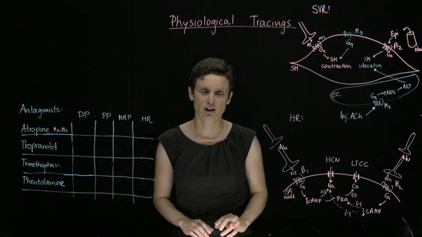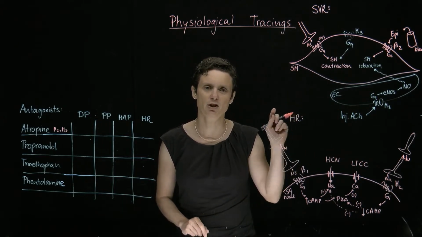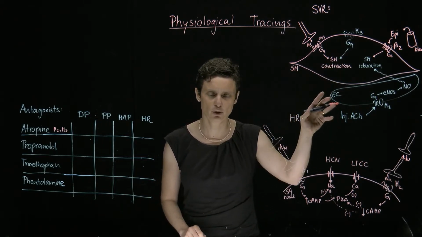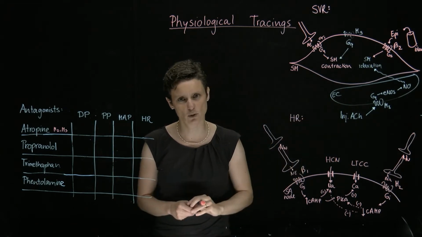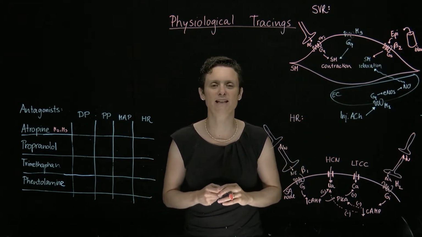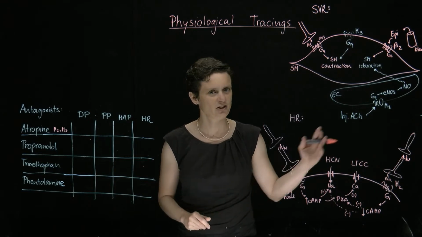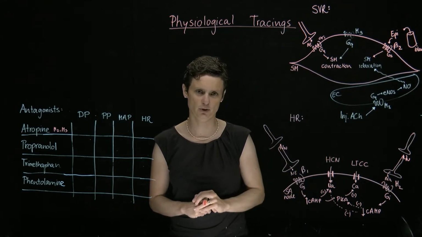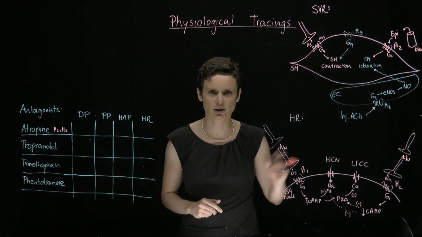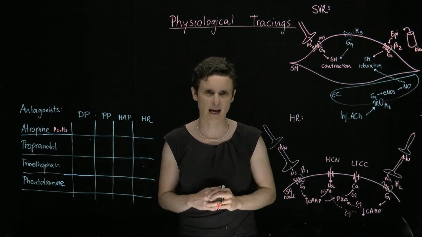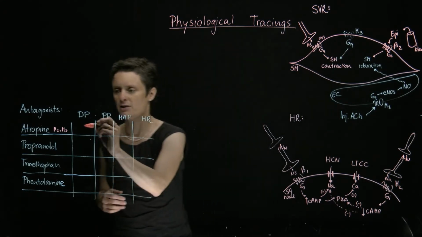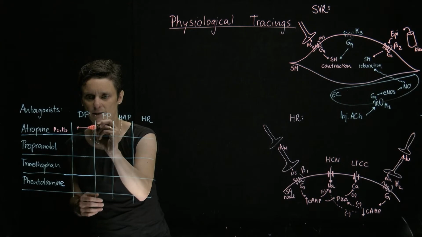Under physiological conditions, these receptors are not stimulated because there's no nerve terminals coming down releasing acetylcholine. In addition, acetylcholine is not acting as a hormone, so there's nothing that can stimulate those receptors. Therefore, if just atropine sits there, it's not going to matter. There's no effect. So there's no effect on diastolic pressure.